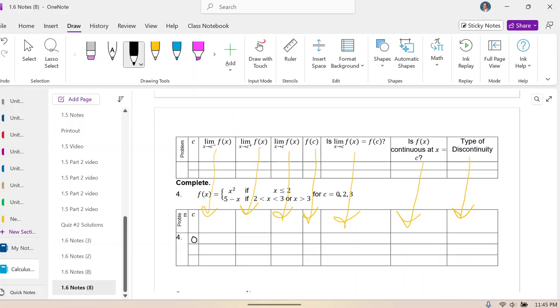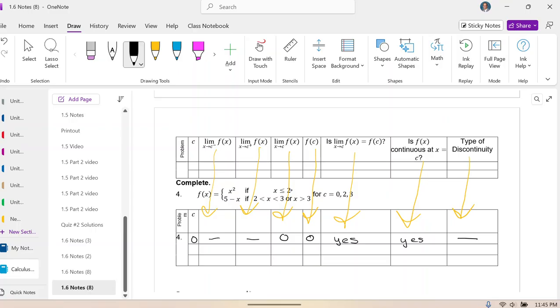So 0 is not a changing point of this piecewise function. So you don't need the limit from the left and the right. What you do need to do is just put it into the top. So f of 0 is 0. And then the function value is 0. So yes, it is the same. Is it continuous? Yes, which means there is no discontinuity.